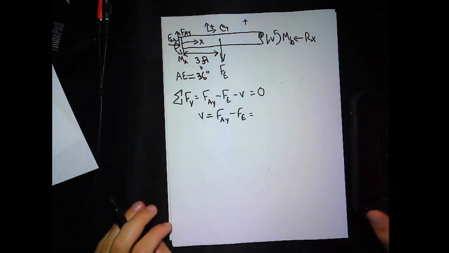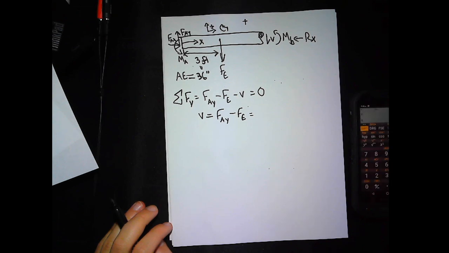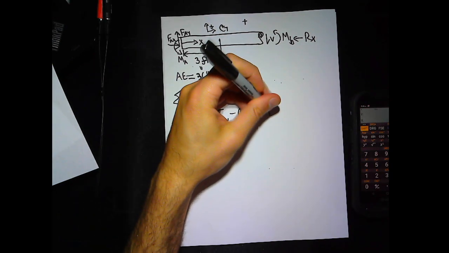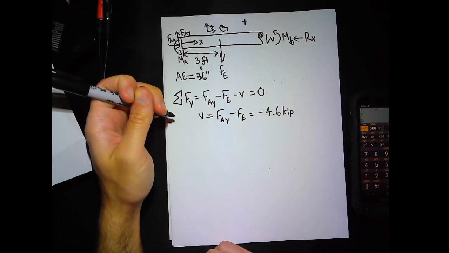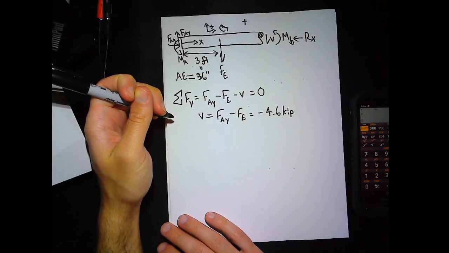Or if you worked out the math for that one, FAY is negative 1.1 kips. And FE is 3.5 kip. Subtract those, get negative 4.6 kips. Okay, great.